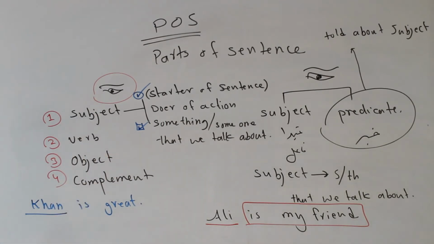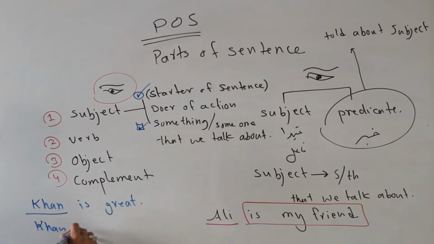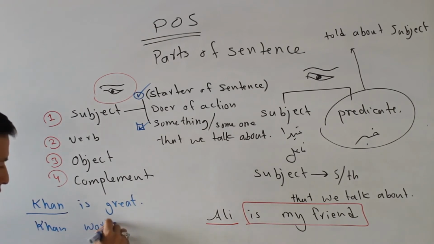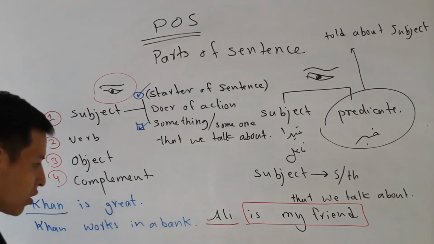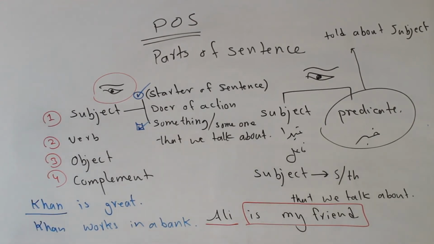Another example, I say that Khan works in a bank. And here we see that Khan has all of these criteria. It is the starter of the sentence, it is used at the beginning of the sentence.